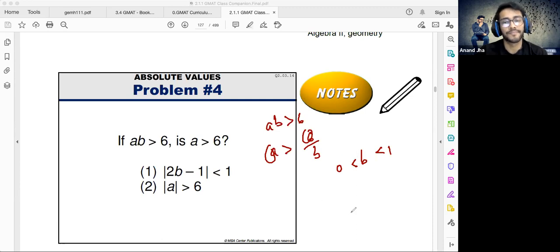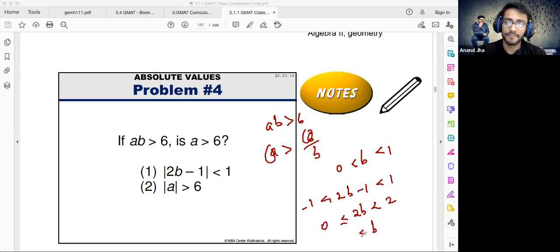Try this. Again, mod less than 1. So less than 1, greater than minus 1. Add 1 to both sides. That's what I wrote.